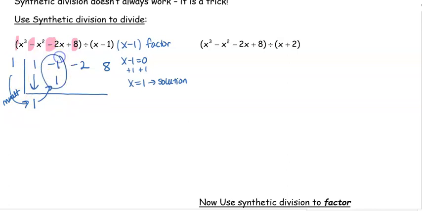Then I add these numbers. Negative 1 plus 1 is 0. Then I start again. 1 times 0 is 0. That goes there. Negative 2 plus 0 is negative 2. And then I multiply. 1 times negative 2 is a negative 2. 8 minus 2 is 6.